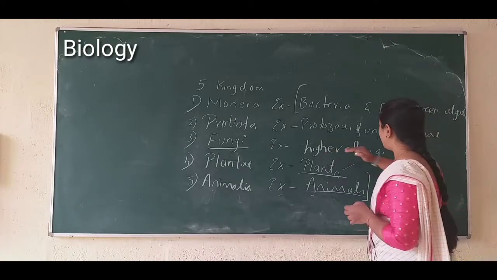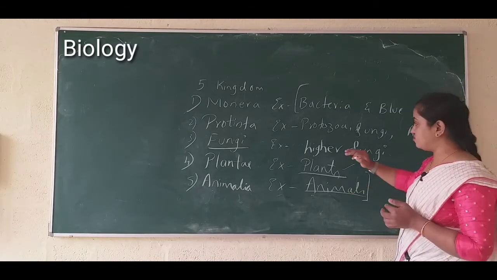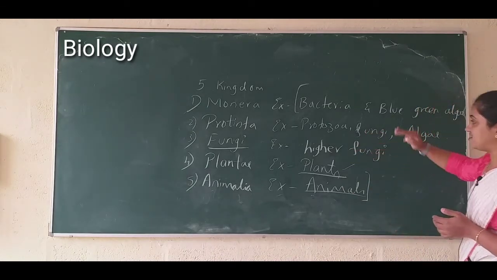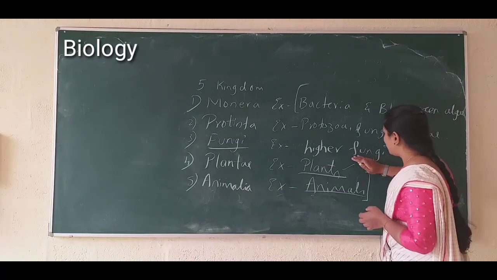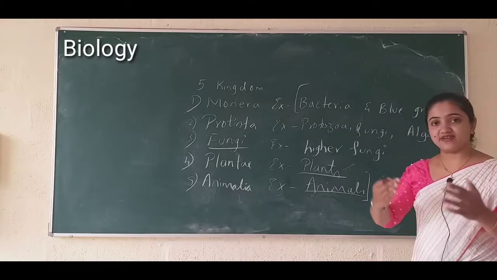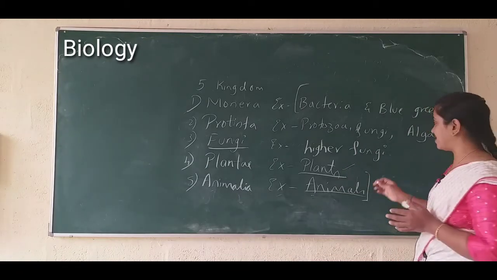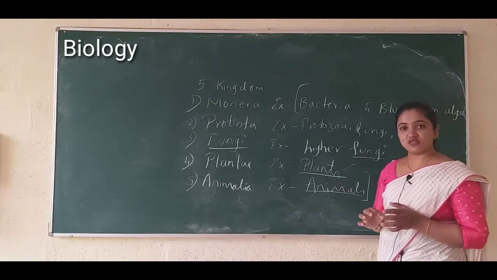And here in the fungi, as I told you, the mode of nutrition, here we can differentiate different modes of nutrition. Different species of fungi adapted themselves for the mode of nutrition.